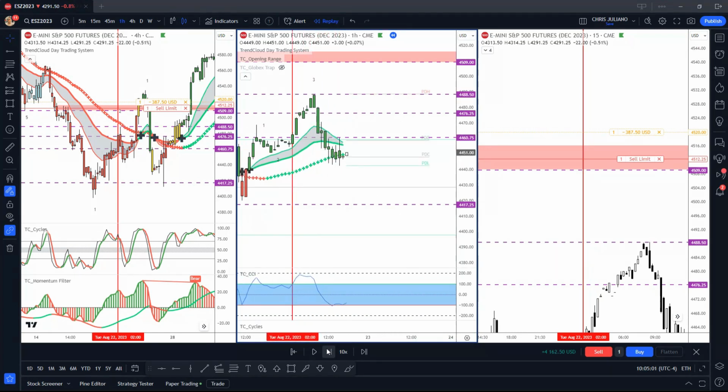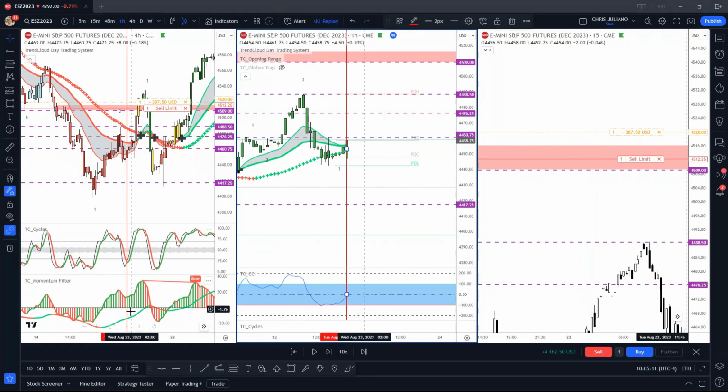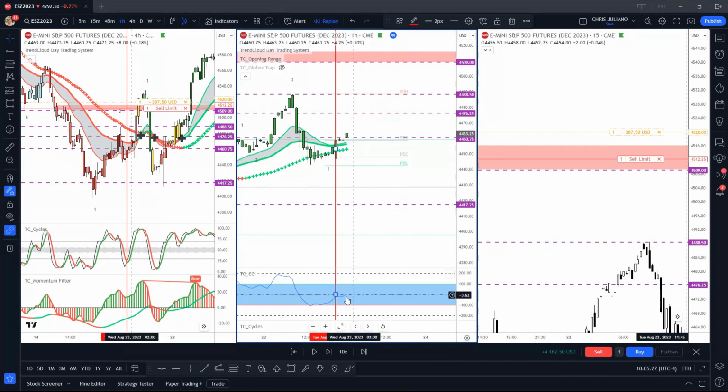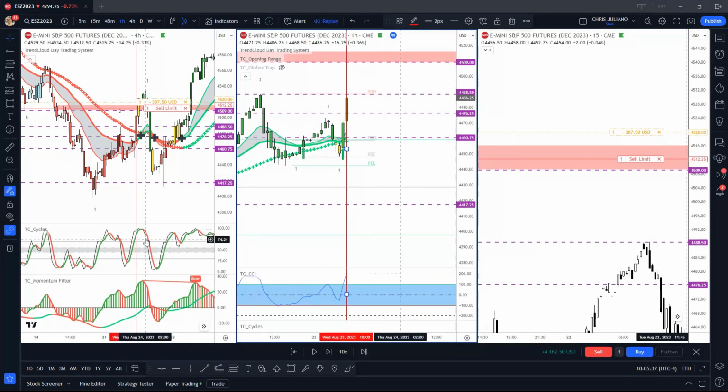Now we get a little bit of a peak below on that CCI indicator, and look at what's being represented on the high time frame here. Momentum is up, and we are just starting to make a move up on our cycle indicator. Continue to move forward here. We have to wait until CCI breaks above positive 100. Right there, right here. And look where we are on our cycle indicator now.